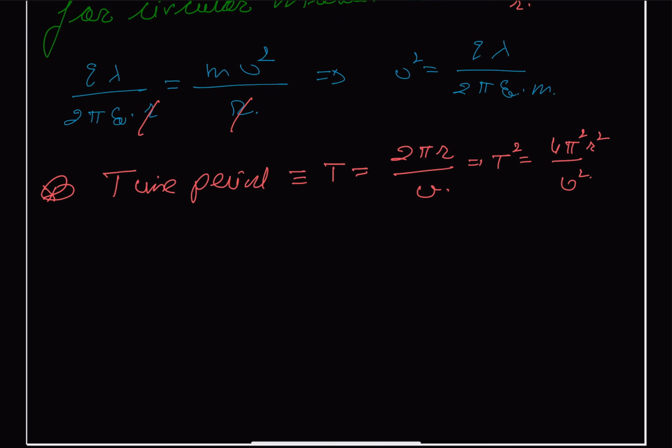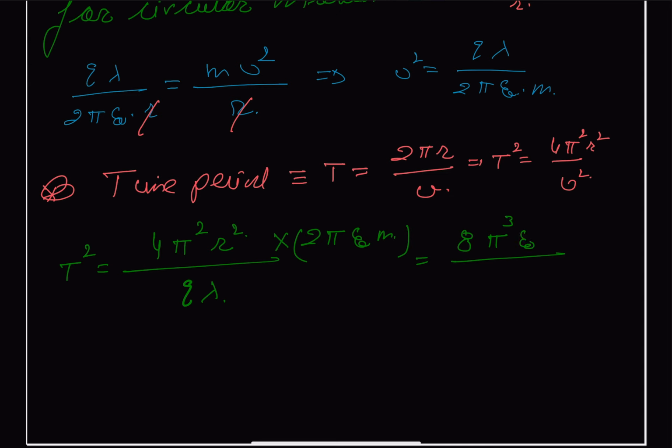We get this as T square is equal to 4 pi square r square, and this comes as q lambda, and it goes in the numerator, which comes as 2 pi epsilon naught multiplied by m. And now we can just multiply them, which gives us 8 pi cube epsilon naught m over q times lambda, with r square.